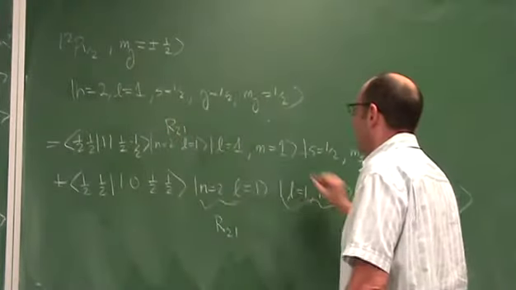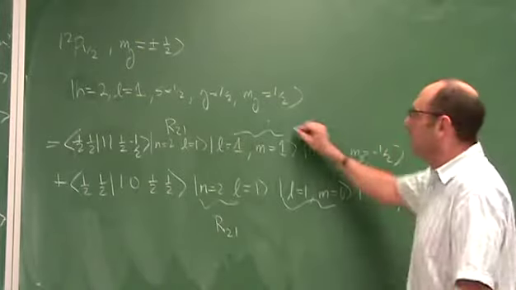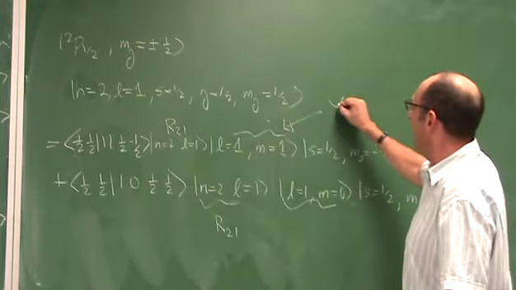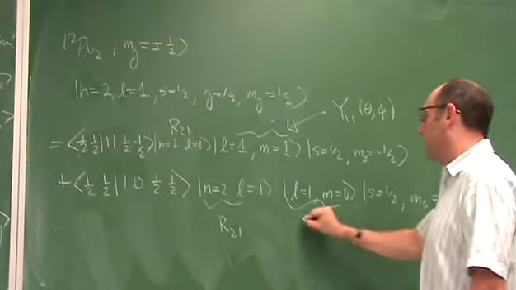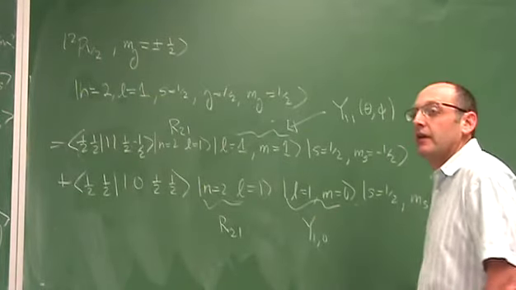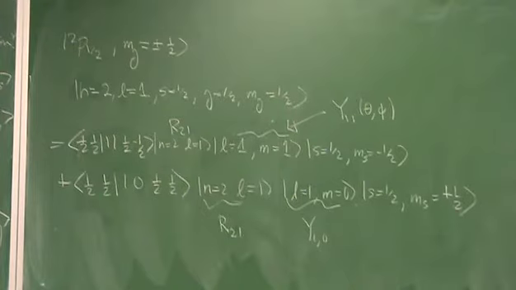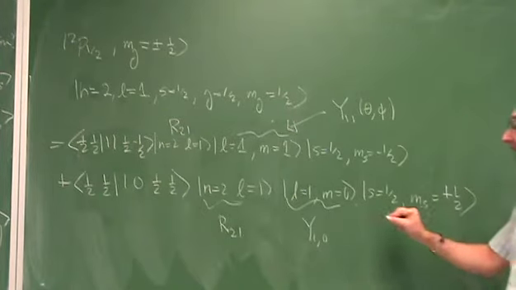And these are the spherical harmonics. So this is a Y11 as a function of theta and phi, and this is a Y10. But it is a superposition of these.